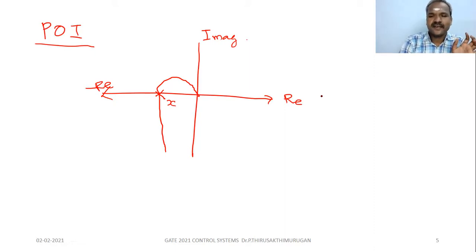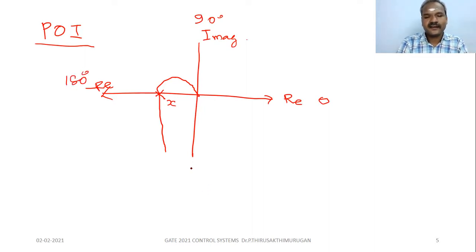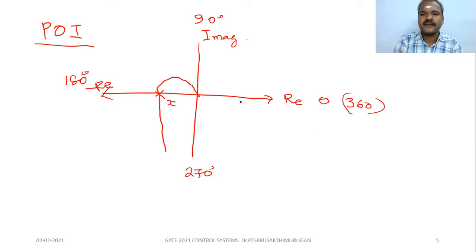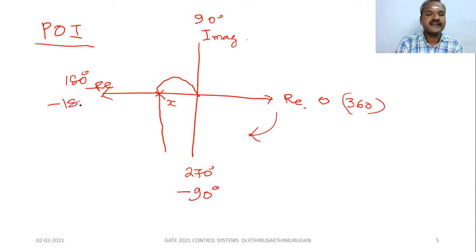When we take the phase angle from here, this is 0, this is 90 degree, this is 180 degree, this is 270 degree, and again 360 degree we reach back. When we rotate in the clockwise direction, this is 0, this is minus 90 degree, this is minus 180 degree, this is minus 270 degree.